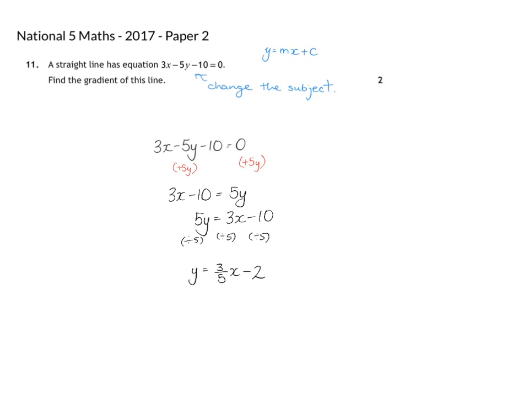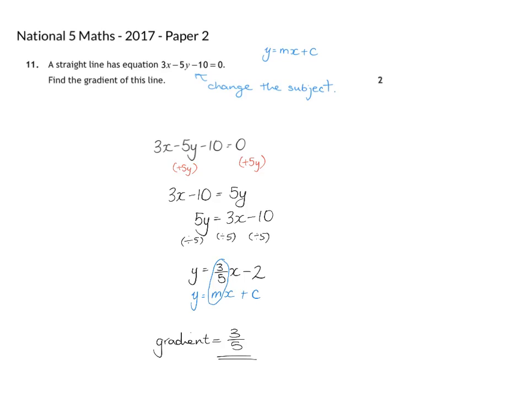So now it looks like my formula y equals mx plus c. And here we have the information, so whatever number is in front of my x when it's in this form is my gradient. So I can say the gradient equals 3/5. What are my marks for this question?